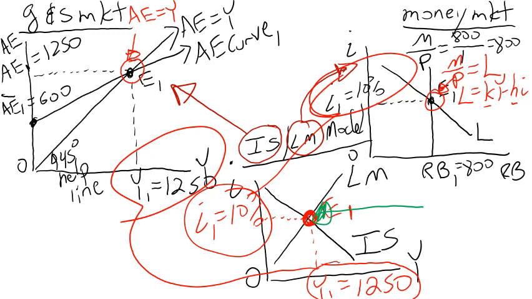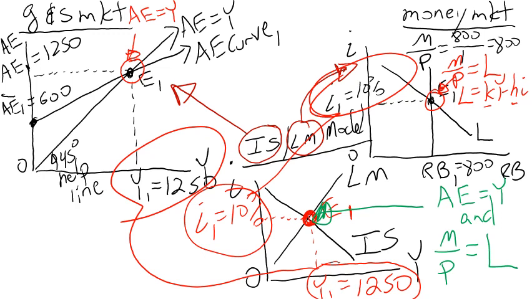Well, two things. Aggregate expenditures are equal to national income. That's from the goods and services market. And from the money market, M over P is equal to money demand.